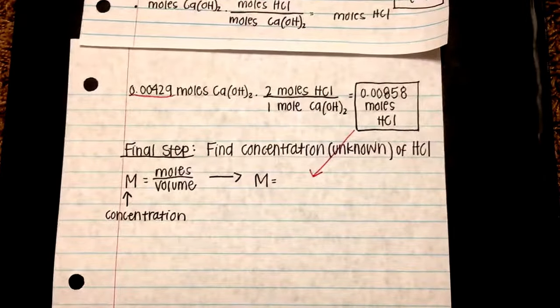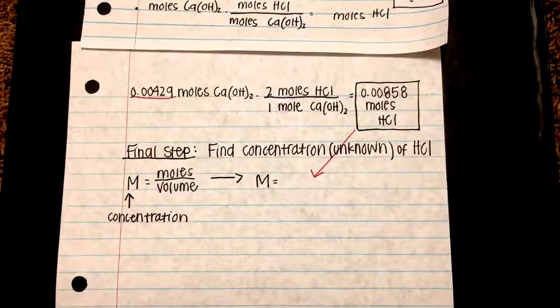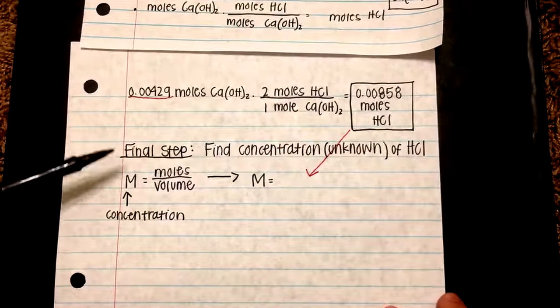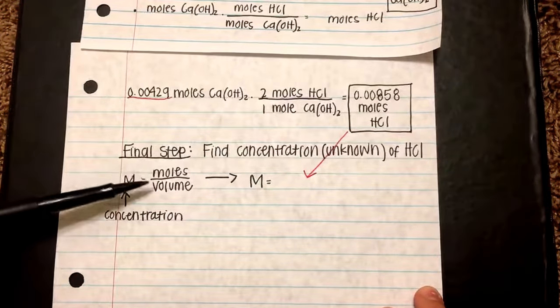The final step to this equation is to find the unknown concentration of HCl. We're going to use the concentration equation, which is molarity equals moles over volume.